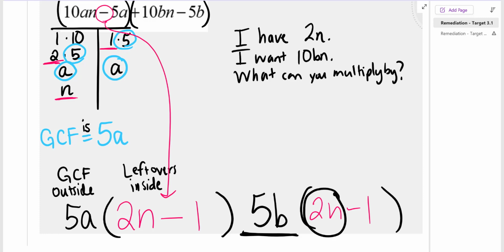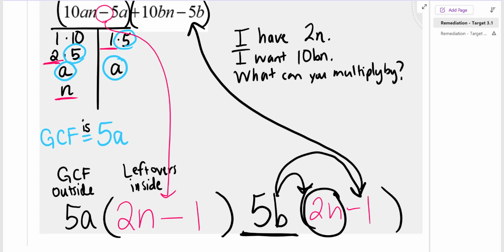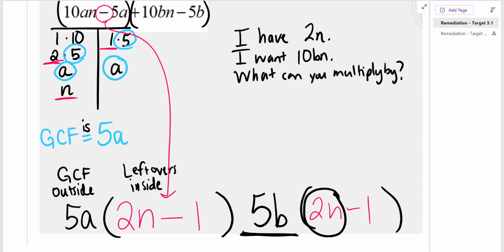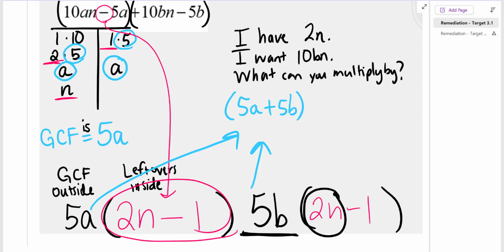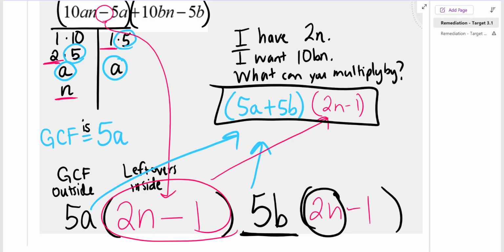Okay, and you can even check the second part. 5b times negative 1 is negative 5b. So that's how we know that this is correct. Now all we have to do is we take the outsides together and then we do one copy of the insides. And that is your final answer.